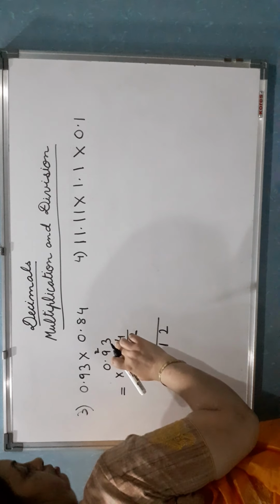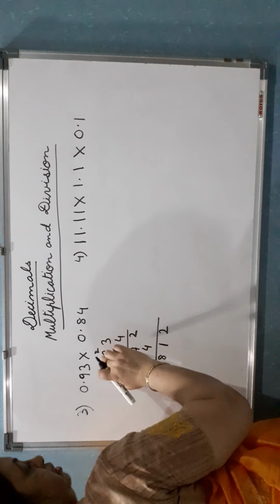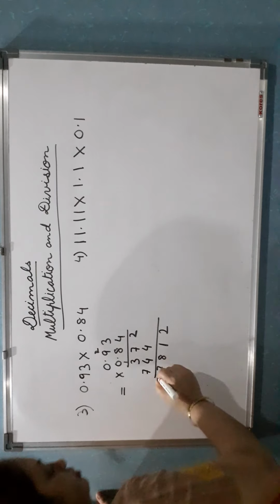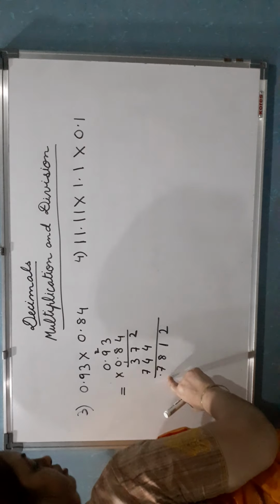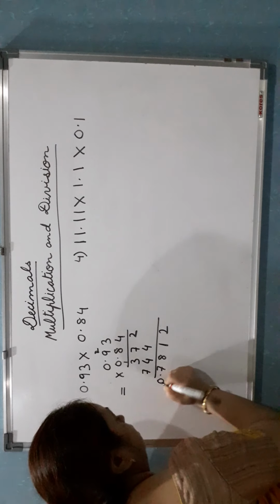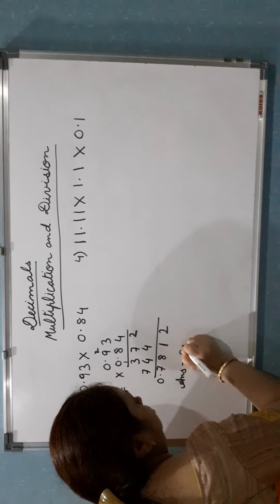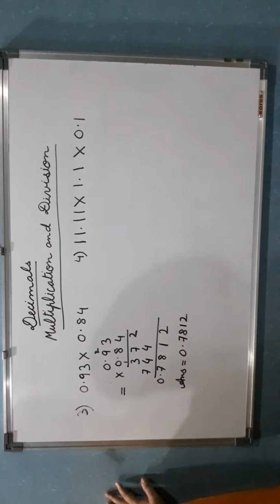Okay, so where will be your decimal? 1 2 3 4. So before 4 digits you put it here. Okay, before 4 digits your decimal will be here, and your answer is equal to 0.7812.